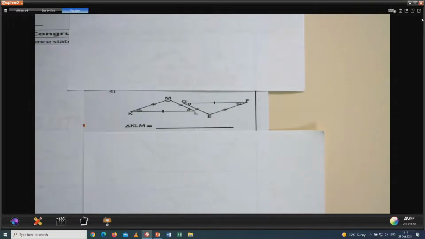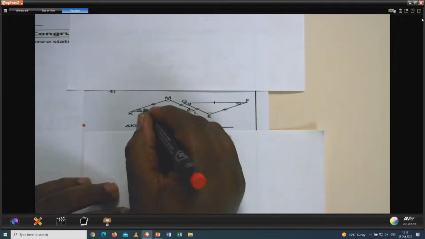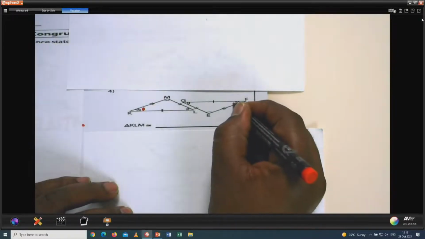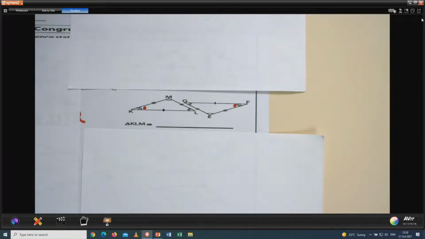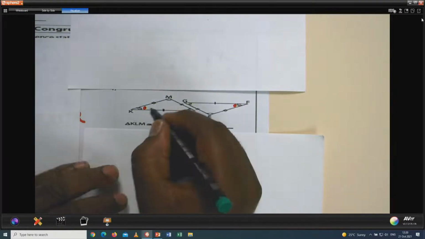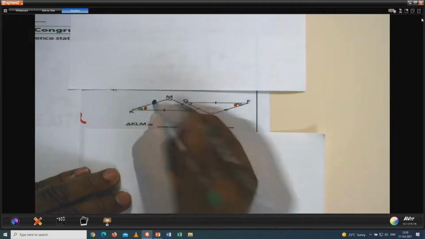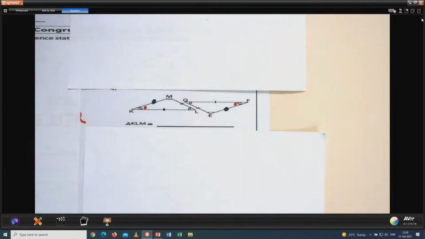There you are. What do you have? I see an angle. I see an angle. What else do you have? I see a side. It's given. A side. What else do you have?